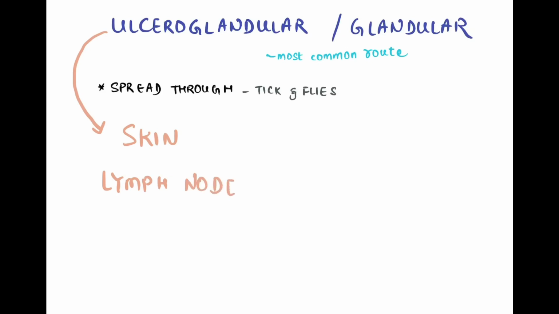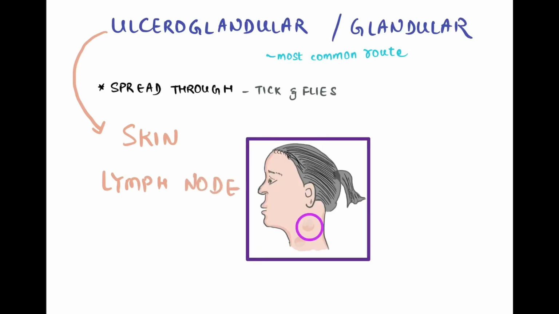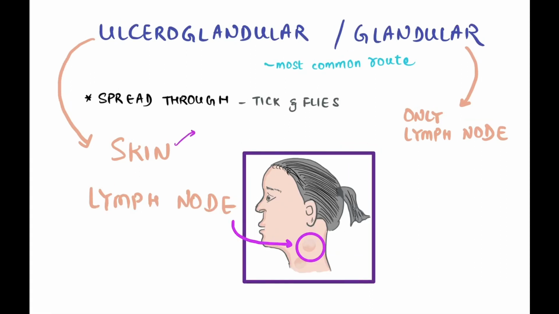As you can see in the figure, you have a swollen lymph node. In the glandular form, there is no skin involvement, only the lymph node. So ulceroglandular means skin and lymph node both, and glandular means only lymph node. In the skin, you will see some erythematous rashes, and these erythematous rashes are tender pruritic papules.